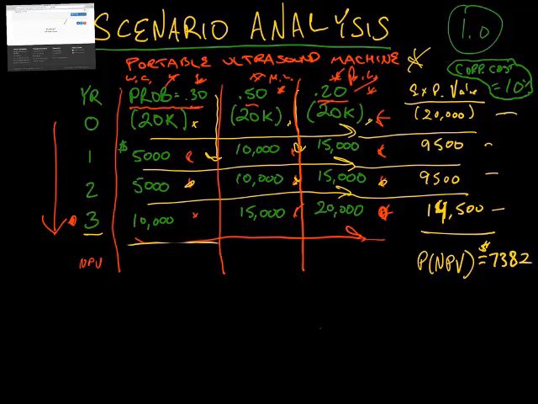We're not going to be so concerned about the probability of each event, but we're going to look at each one of these events: the probability of maybe the economy not being so good and not doing enough scans, the probability here of about 50% of the economy being not bad and doing some more scans, and then the best case scenario of a lot of patient volume, a good economy, and a lot of scans with that portable ultrasound machine.